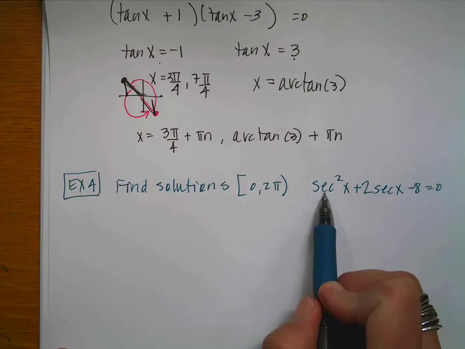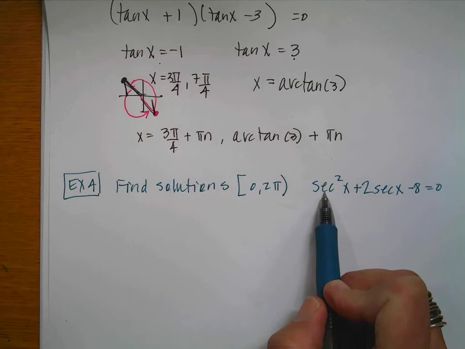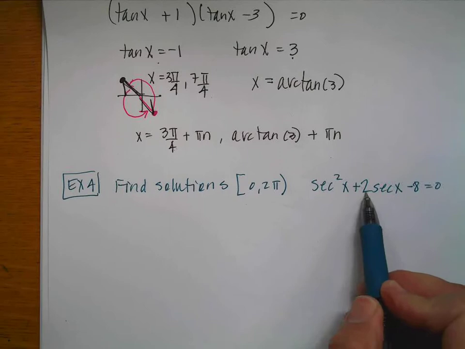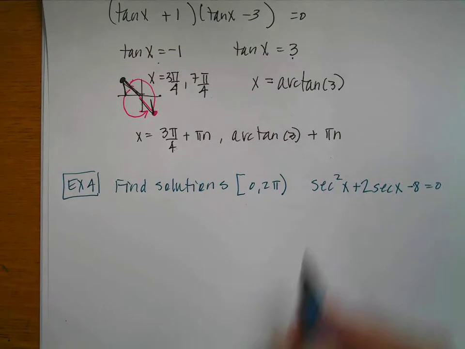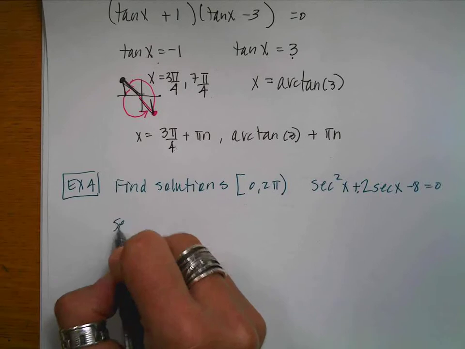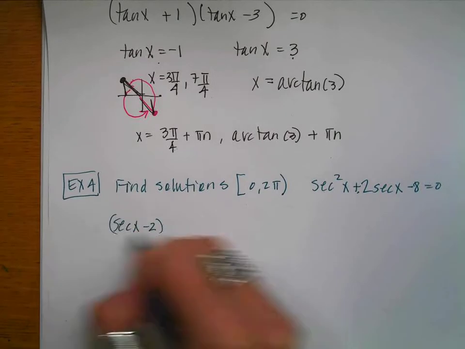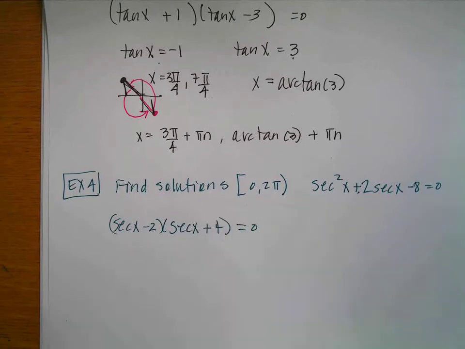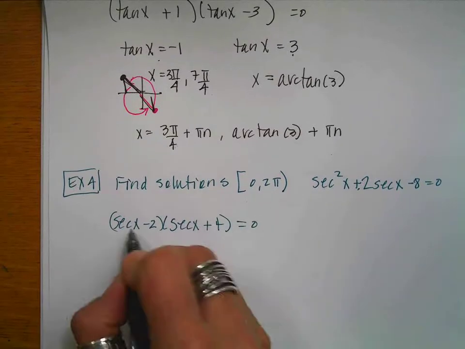Notice that both of these are the exact same, so there's no need to use a Pythagorean identity. So I'm going to factor. The factors of 8 that subtract to give me 2 are 4 and 2. The 4 is going to be positive because the middle term is positive, so I'm going to get the secant of x minus 2, and then the secant of x plus 4 is equal to 0.